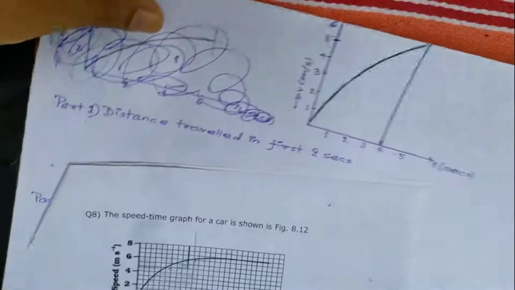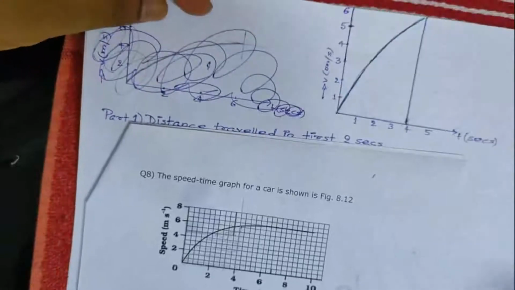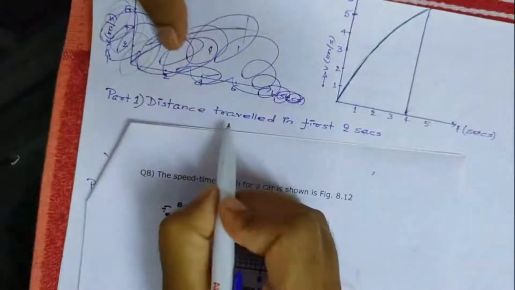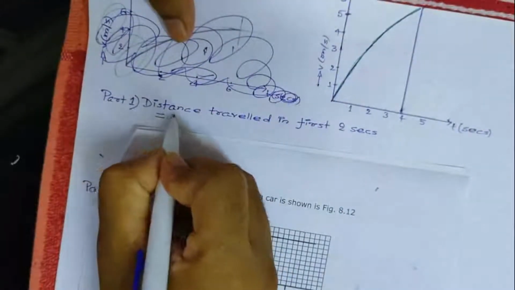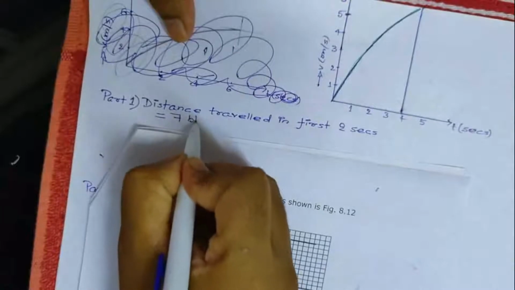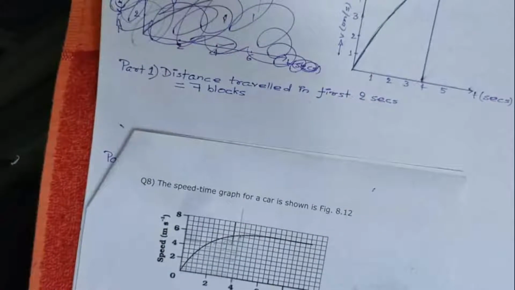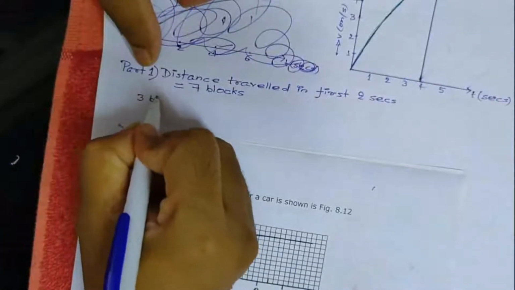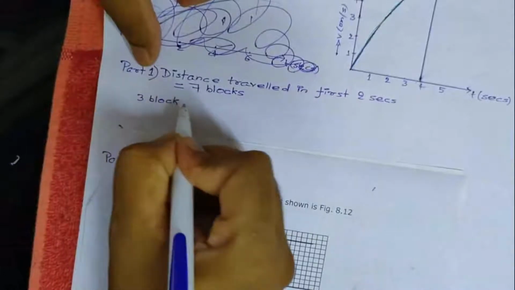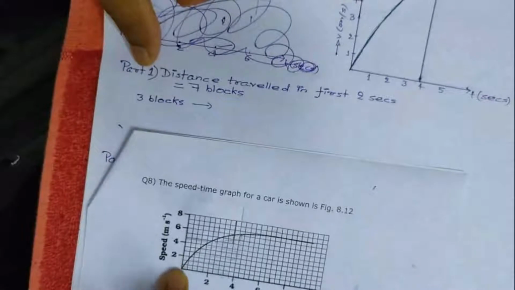So we have divided into two parts. In first part, we are trying to calculate distance traveled in first 2 seconds. So how much it is coming? It is coming 7 blocks. So what is the meaning of this 7 blocks? We know that 3 blocks along y-axis corresponds to how much?